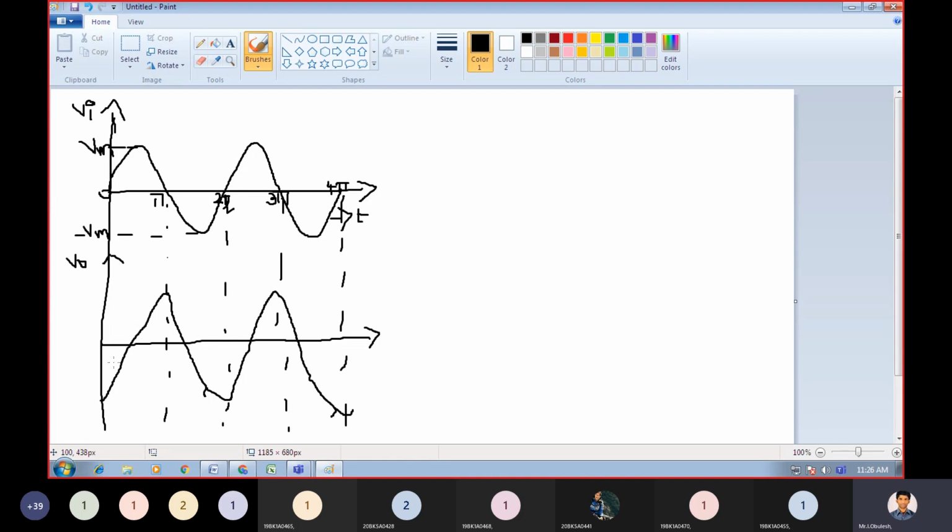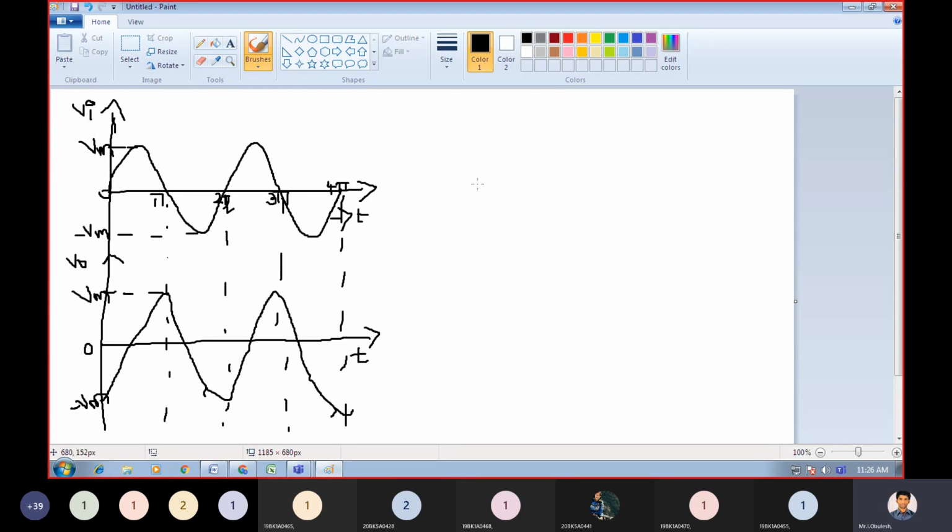This is the output waveform for sinusoidal input. This is the Vm value, minus Vm, zero, same as it is, t, pi, 2 pi, 3 pi, same. There is no change in that.